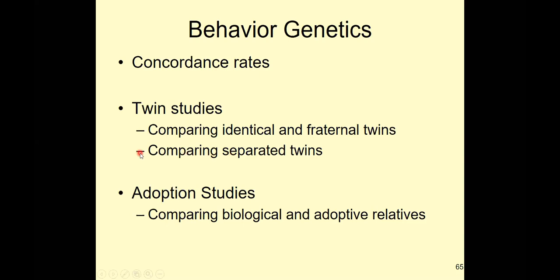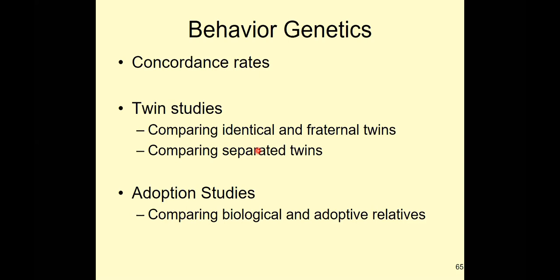We also may do comparisons of identical twins that are separated very early in life, maybe even shortly after birth. And so that can help us sort out what traits, behaviors might relate to environmental influences versus genetic influence.